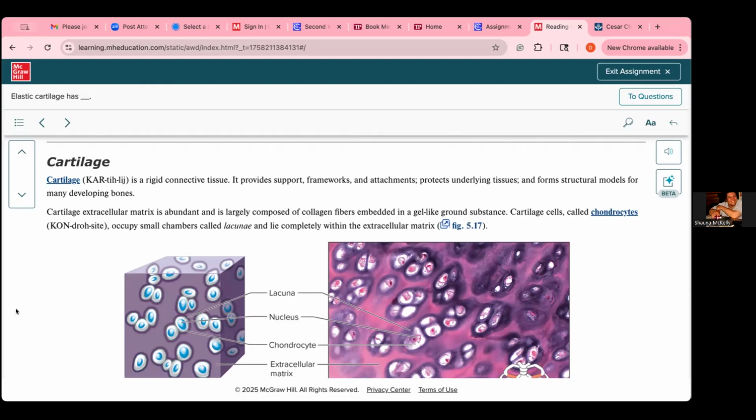Cartilage cells called chondrocytes occupy small chambers called lacunae and lie completely within the extracellular matrix. Scroll down.